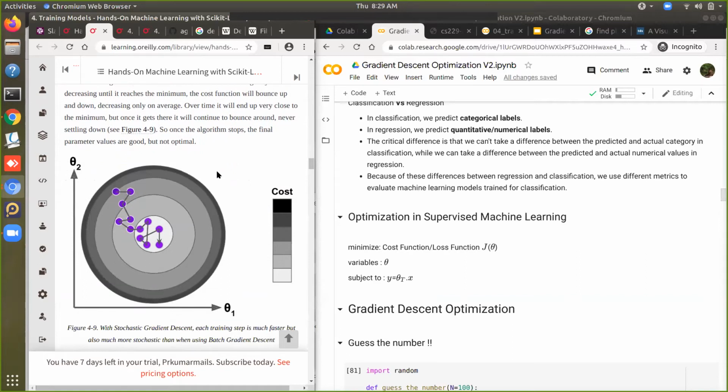There are also two points to mention. You see how he is comparing gradient descent. Gradient descent is just one way of optimization.